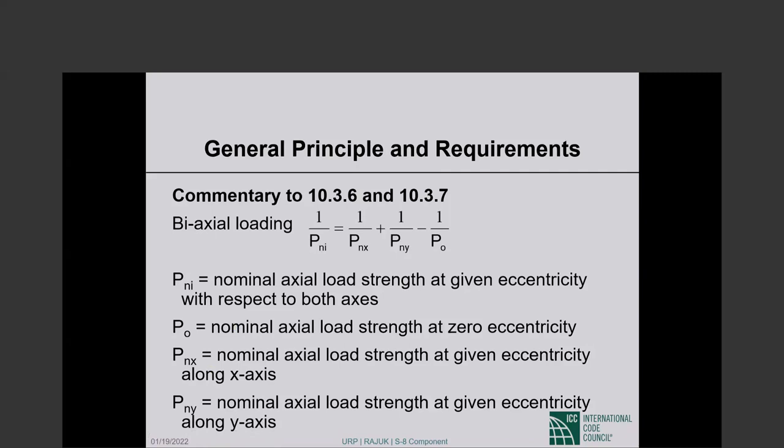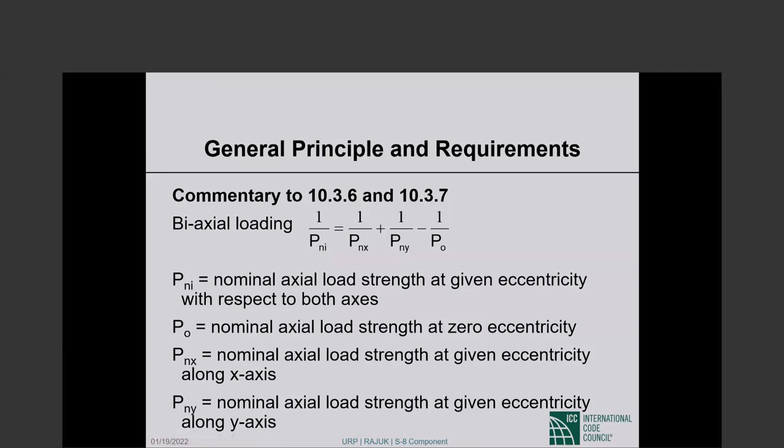Now, if the axial load is applied at an eccentricity with respect to the x-axis and an eccentricity with respect to the y-axis, it does not sit on either the x-axis or the y-axis. It has an eccentricity with respect to both. Okay? Then the nominal strength is P sub ni.